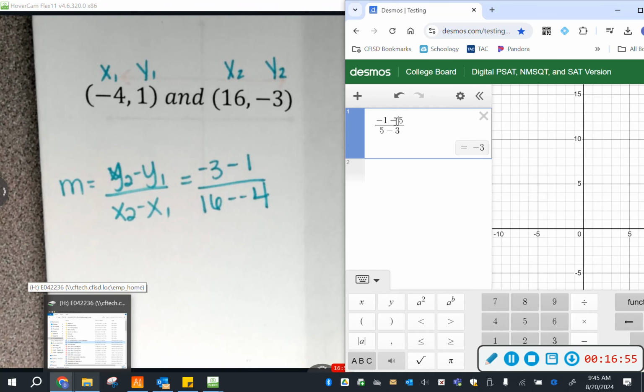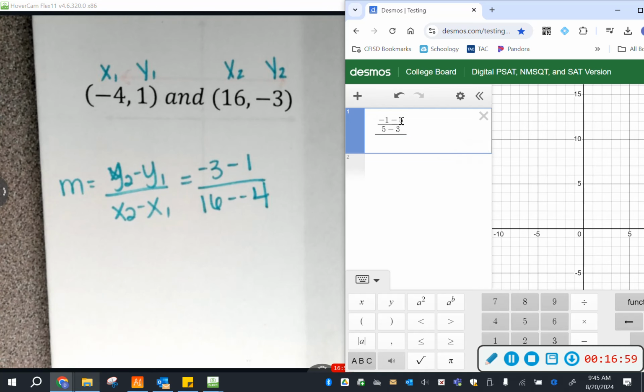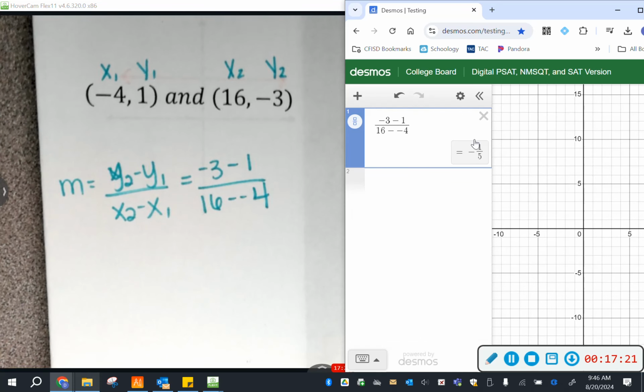All right, what's different about this problem? Anybody notice anything different? We have two negatives, right? Your calculators are really nice and really cool, and they actually will be okay if you put two negatives.